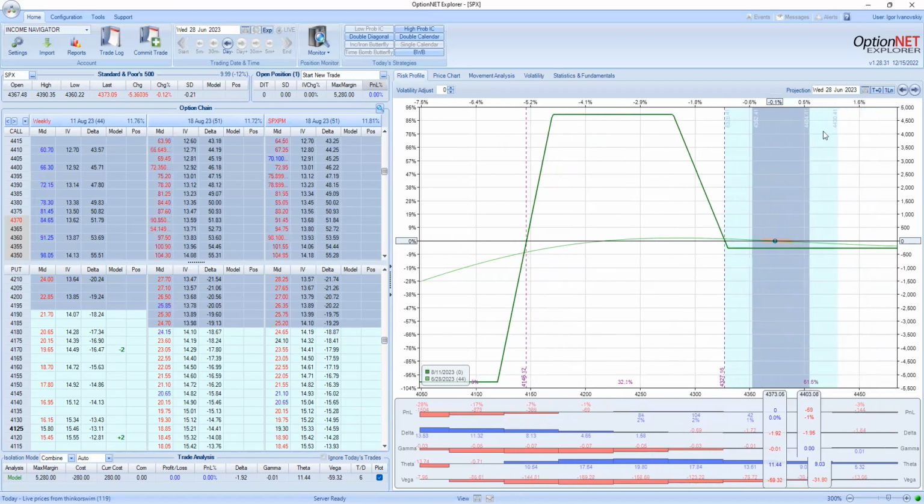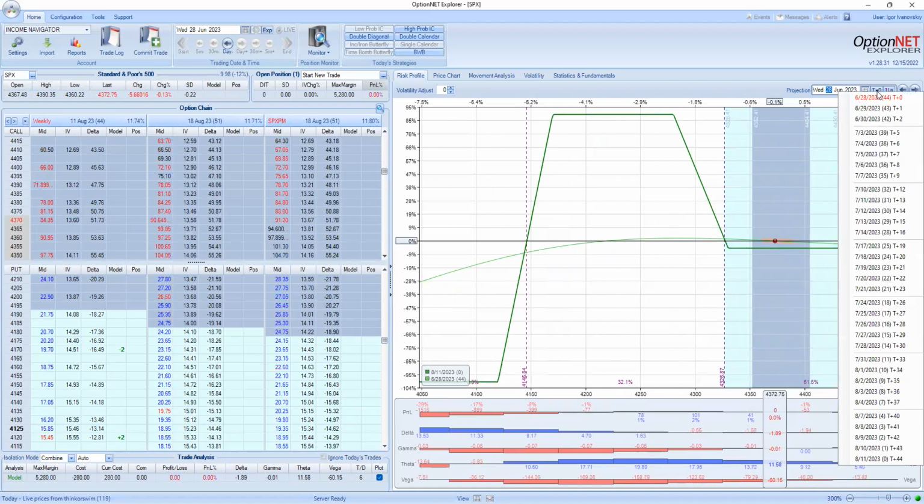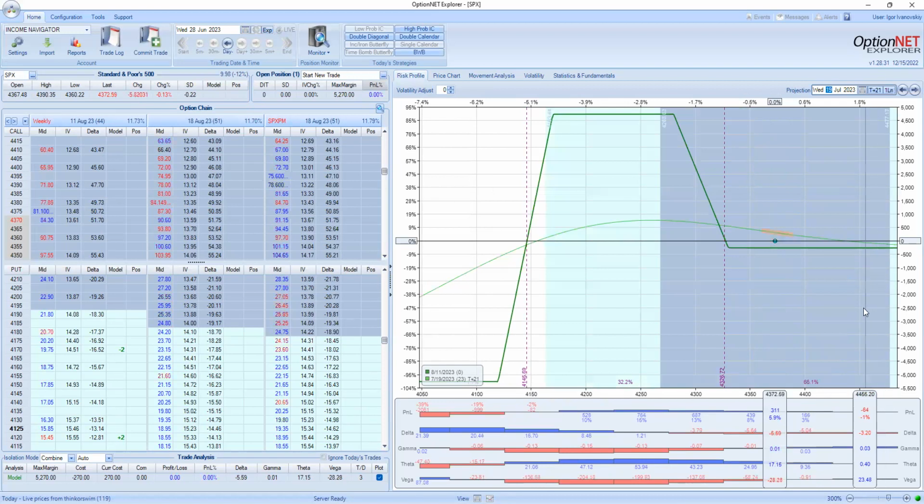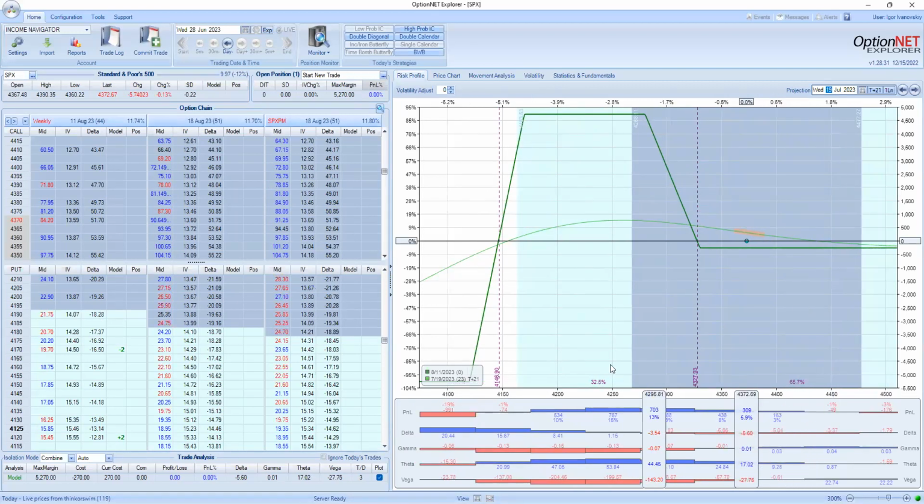Now, to hit the $500 target, where does the market have to go, right? Let's look at this. It's just a pricing model, say in 21 days. All right, so this is T plus 21. This is 21 days into the future.